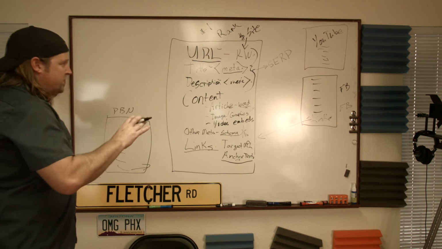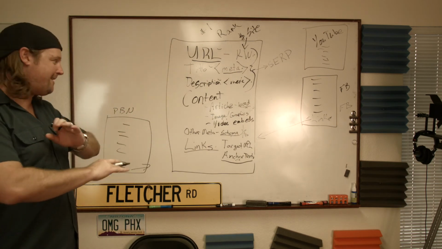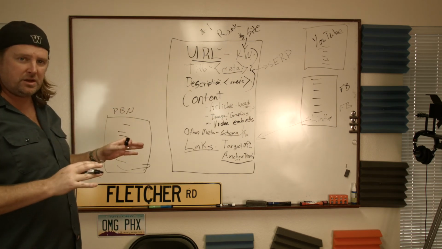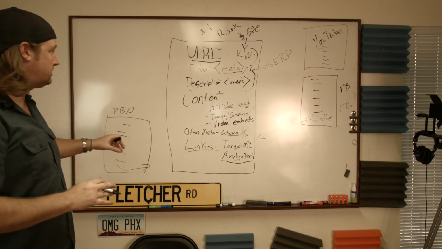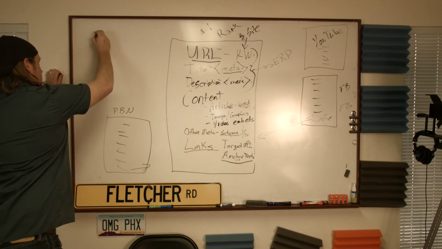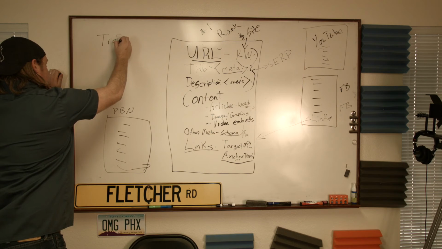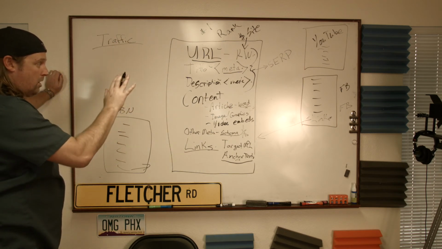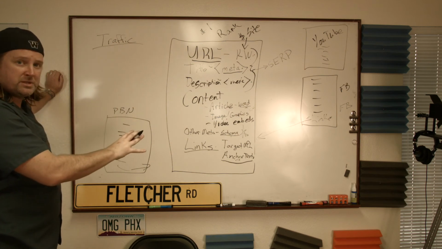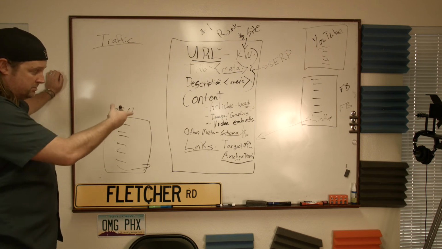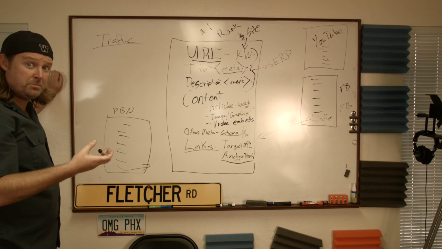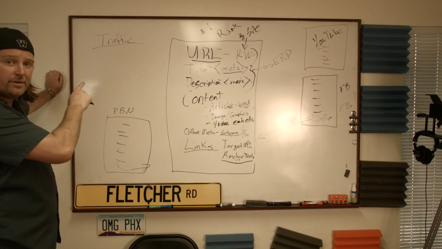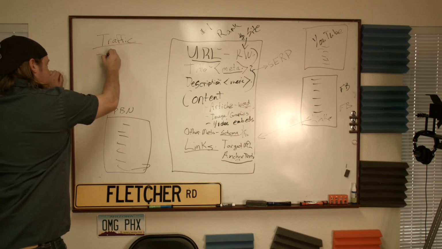Now, the only other thing that ever comes into play with SEO beyond this is traffic. Okay. All there is, is on-page optimization and links, which are, to my way of thinking, on-page optimization, and traffic. Traffic comes in two forms.